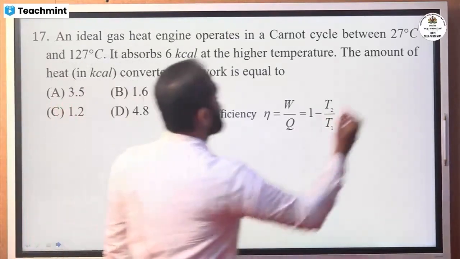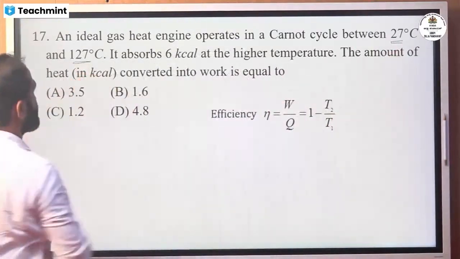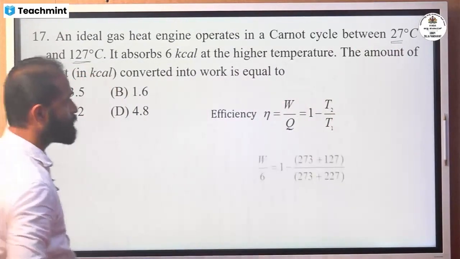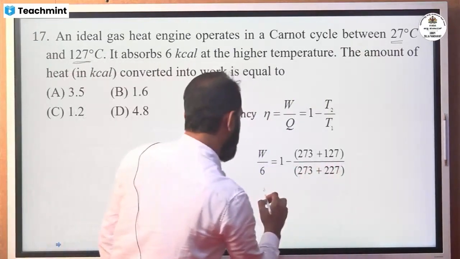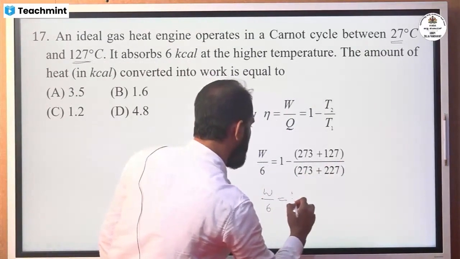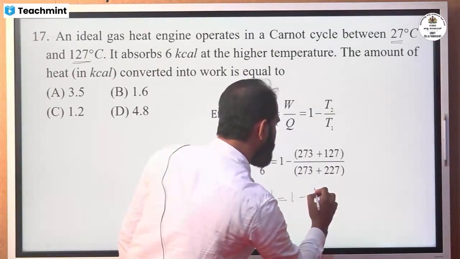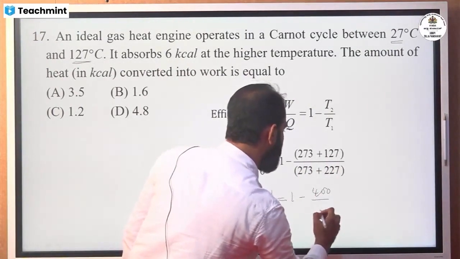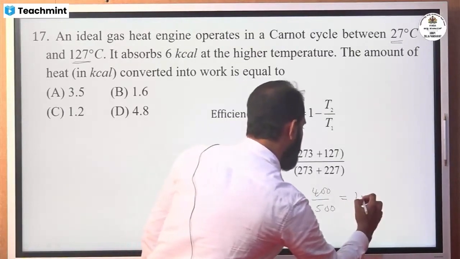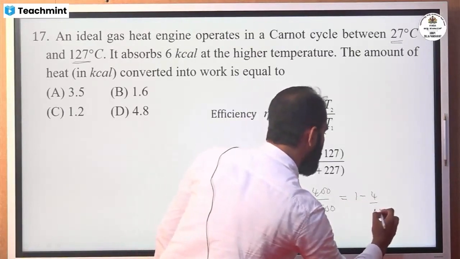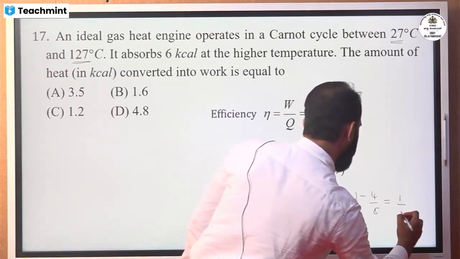So if you look at this, this will be T2. You have to add 273 here. This is T1. We have to add 273. So W divided by 6 is equal to 1 minus 300 by 400, that is, 273 plus 127 becomes 400, and this becomes 300. Actually, 1 minus 4 by 5 will be equal to 1 divided by 5.